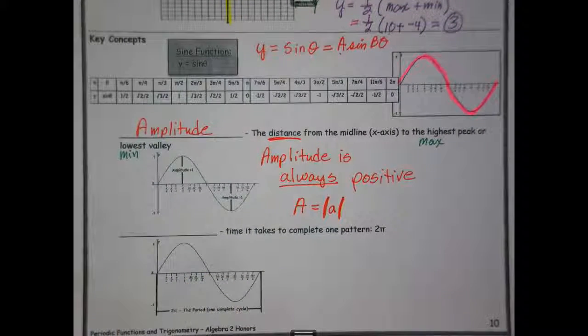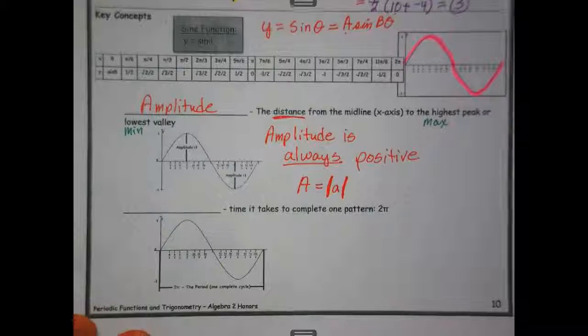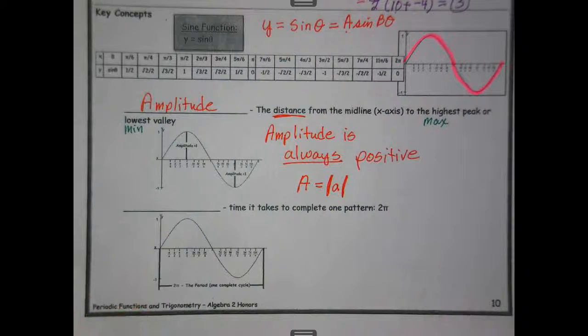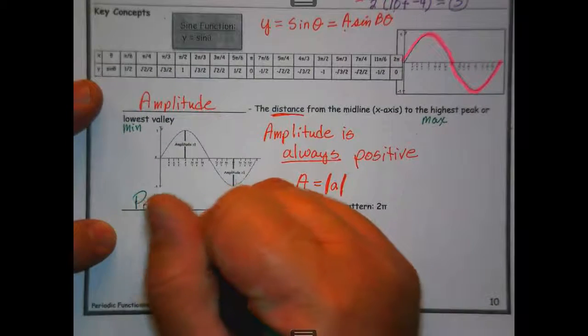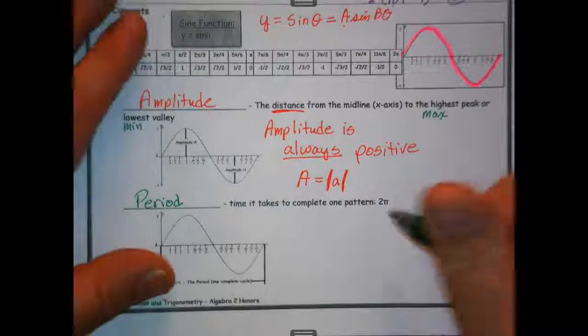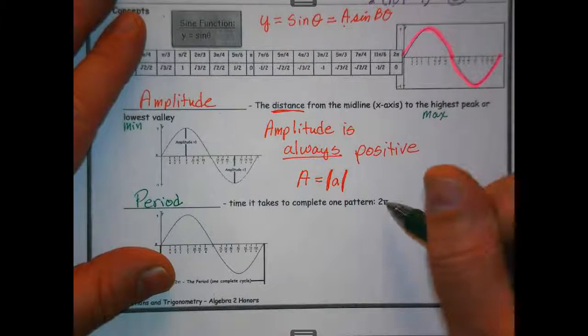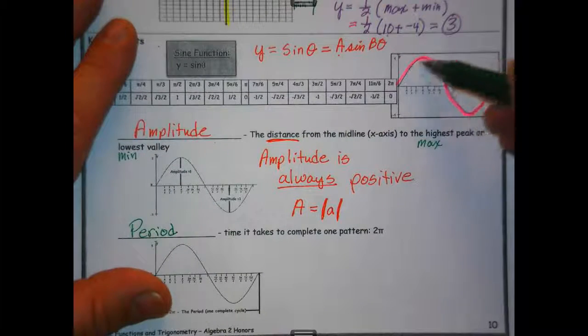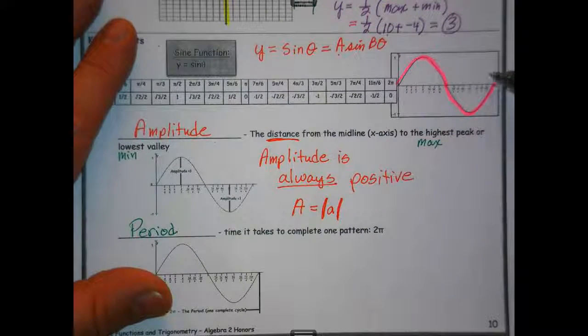Okay, and I'll explain that to you in just a second. What's the time it takes to complete one pattern or measure it? That's the period, right? And our parent function of the sine, it's 2 pi. So one cycle is 2 pi.